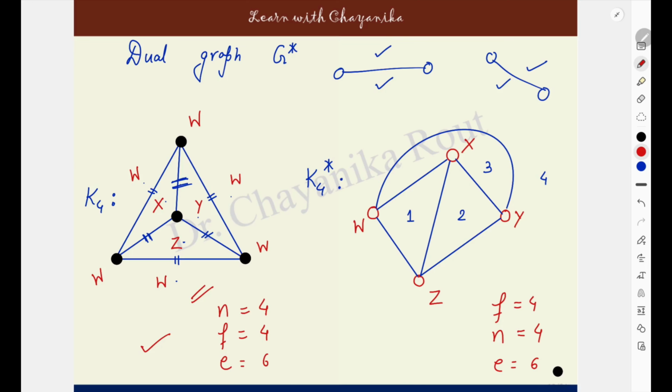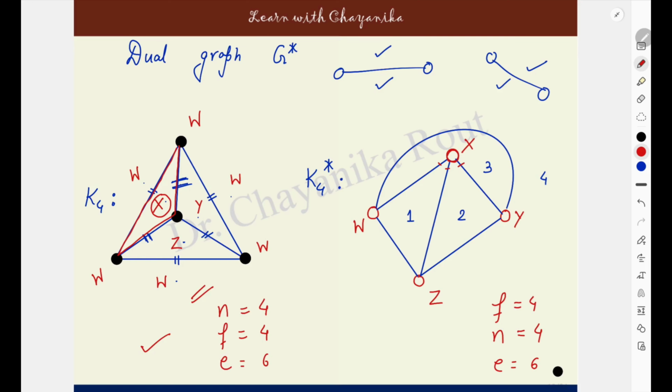Okay, and another important criterion that you can check is that every face has a certain length in the graph. The corresponding vertex in the dual will have the same degree value. For example, here the face X has length 3, and the corresponding vertex X in the dual graph has degree 3.